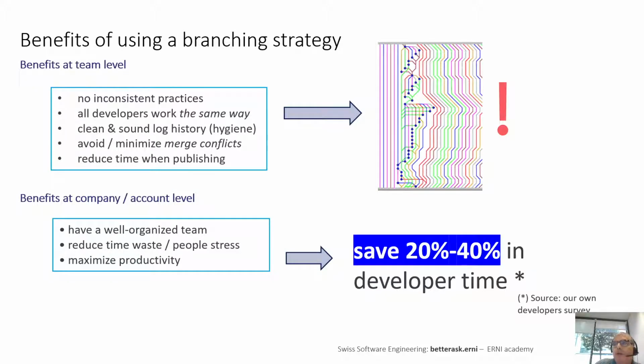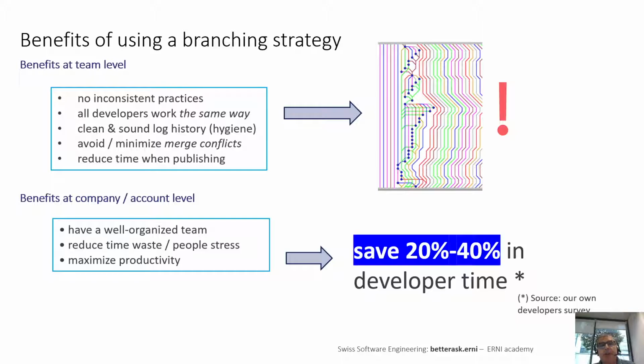I mean, we also saw that the benefit of using a branching strategy is basically we don't have inconsistent practices. We have a clear log history, not a mess. We did a whole section about minimizing merge conflicts, which is a very important part because it can take a lot of time. And from the company level, as we said, choosing a proper one can save up to 20 or 40% in developer time.